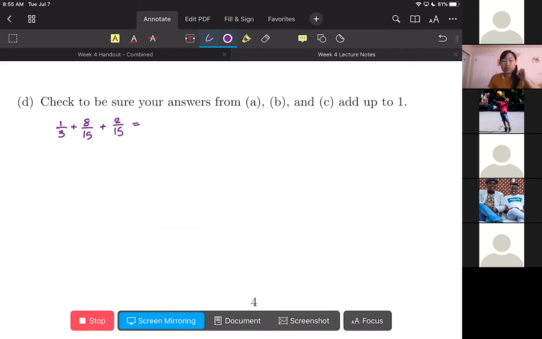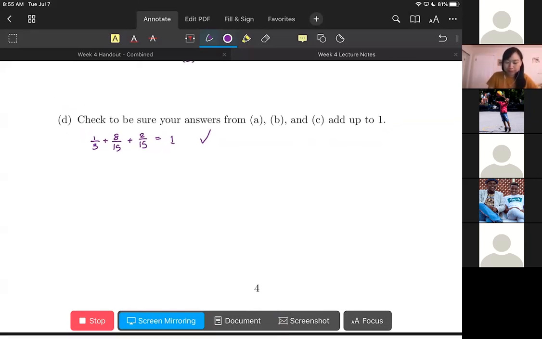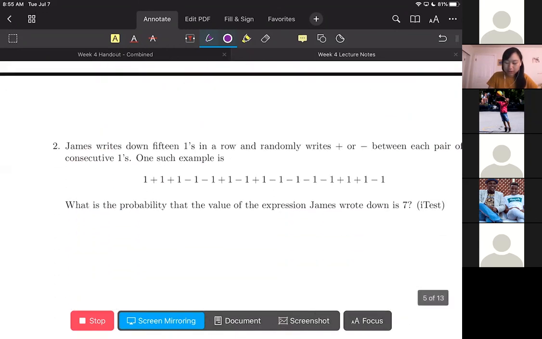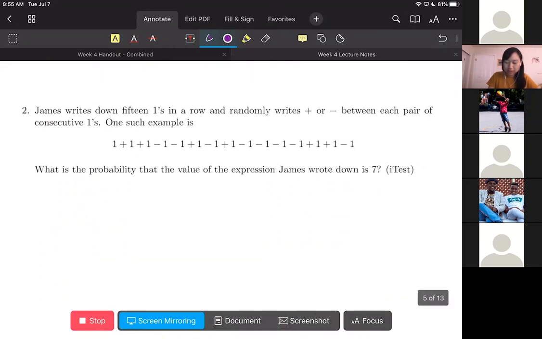So what does that equal? 15 over 15, which is 1. Yep, this is 1. Does everyone see why it should add up to 1? Cool. All right, so let's do more problems where we have to use counting techniques to calculate the probability.